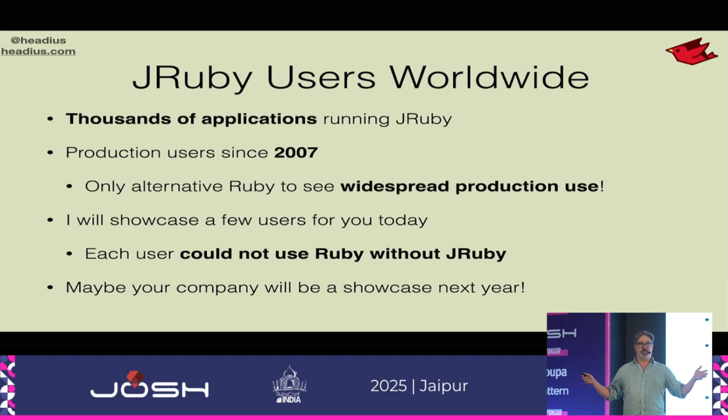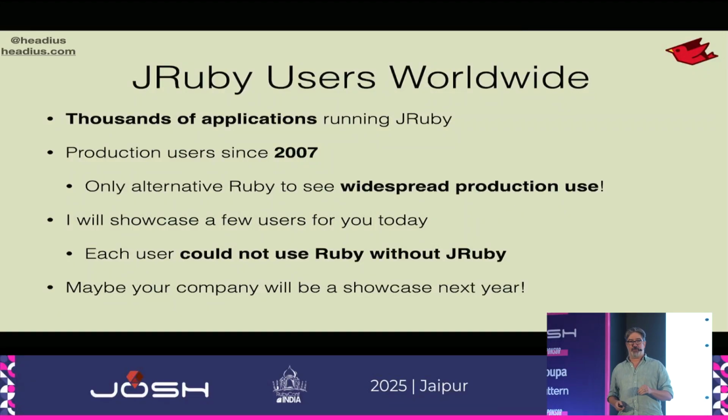We have thousands of JRuby users worldwide, thousands of applications in production settings since 2007. So shortly after Rails even became a thing, we had JRuby users putting JRuby applications into production settings. We are the only alternative Ruby implementation that has had widespread production use.